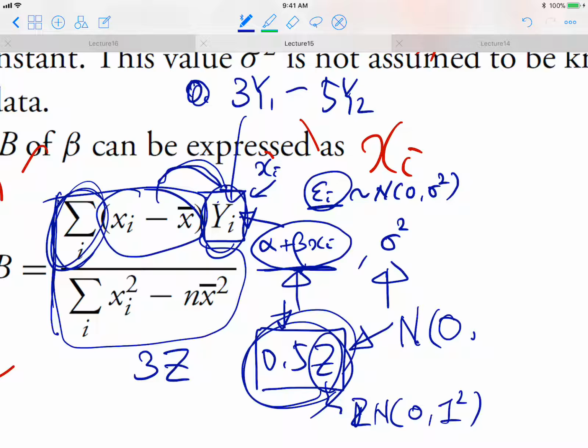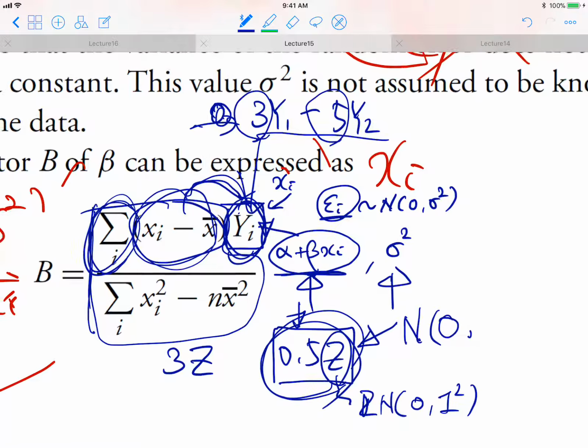So this is just one simple example of this equation, because this is a summation of yi, but it has some constant term associated with it.